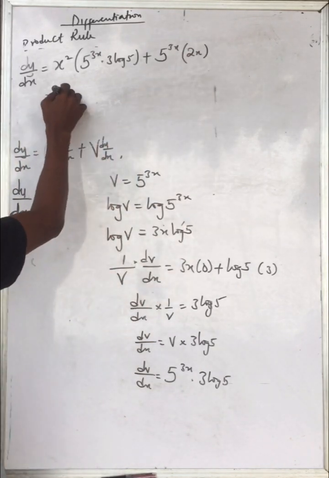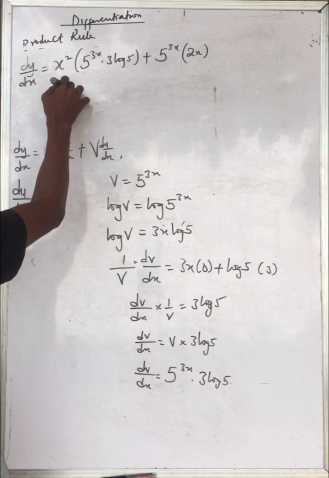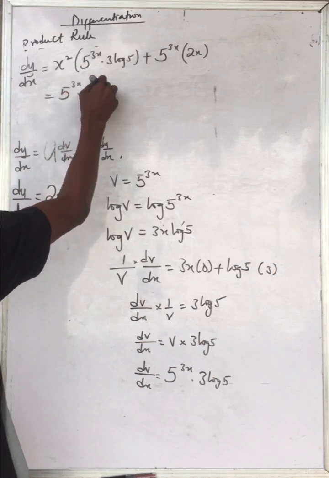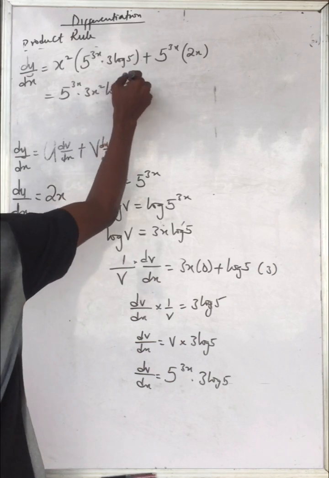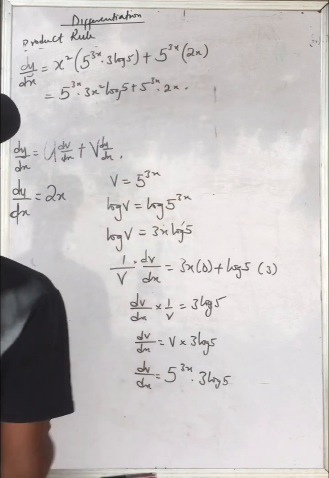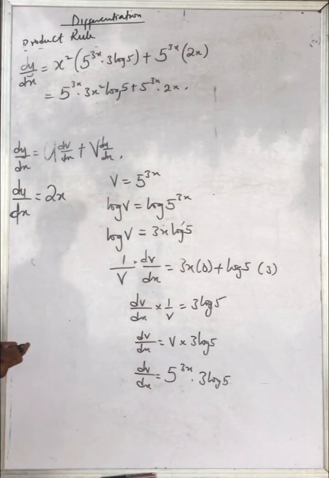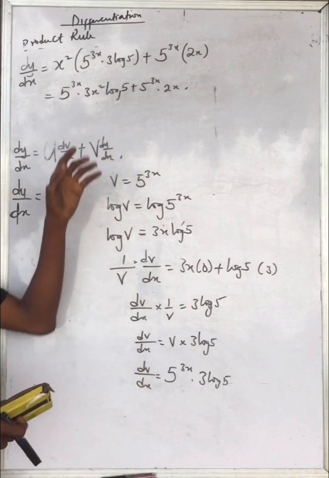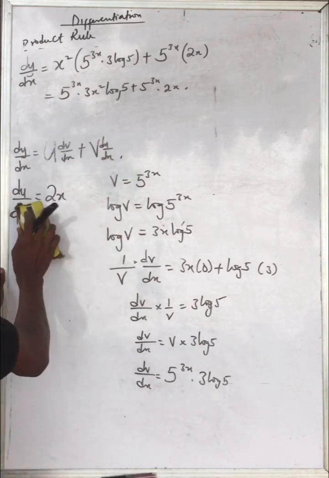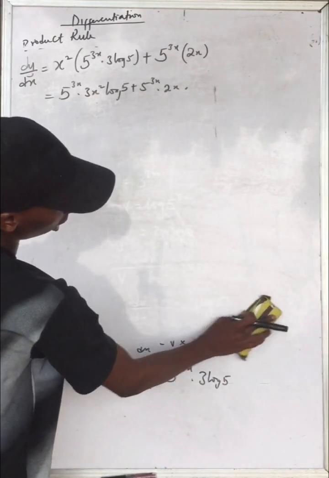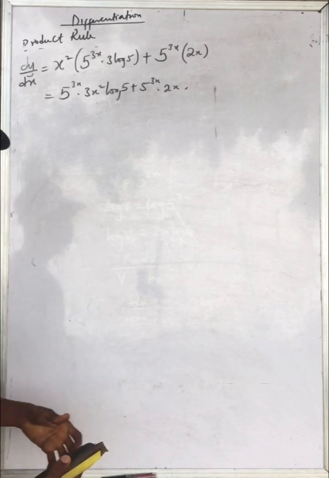You understand? So that one gives you 5 raised to power 3x times 3x squared log of 5, plus 5 raised to power 3x times 2x. You understand now? You can then factorize, bring out 5 raised to power 3x, but it's more or less like we are still going back to where we are actually coming from. So I want to believe you now have an idea of what differentiating using the product rule is all about.